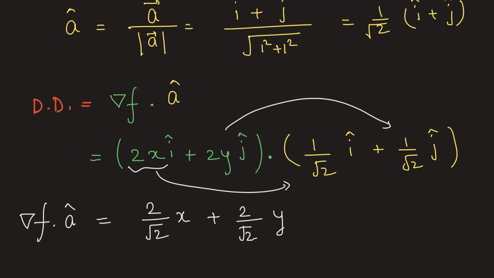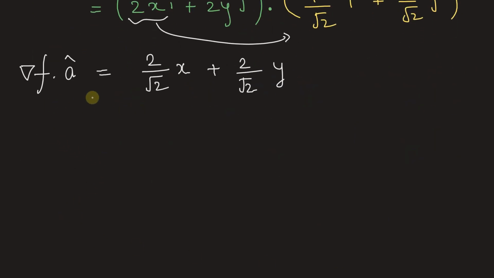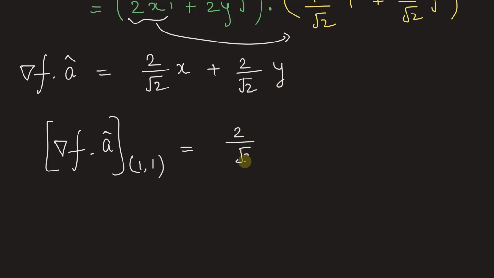Now we need to find the directional derivative at point (1, 1). Now we will substitute here the values of x and y as 1. So 2 by root 2 into 1 plus 2 by root 2 into 1.